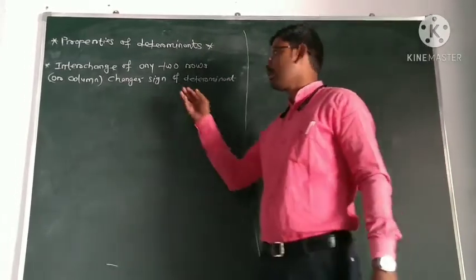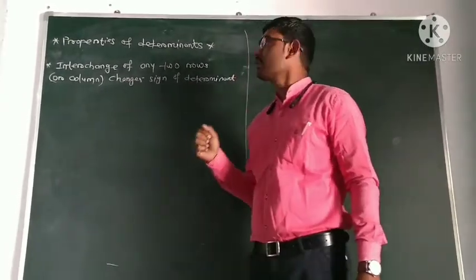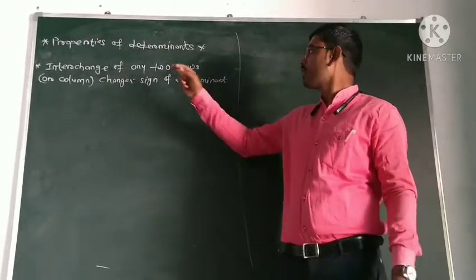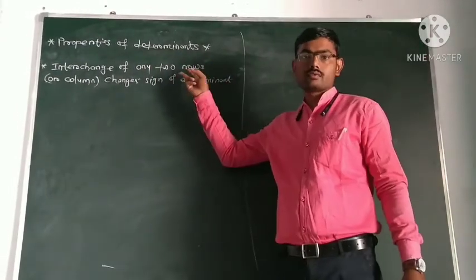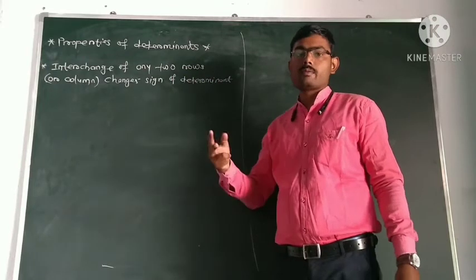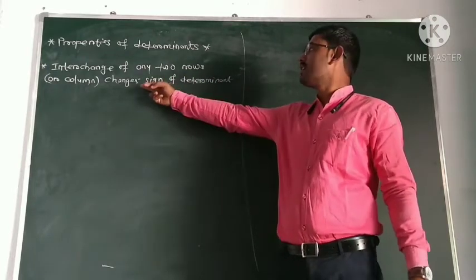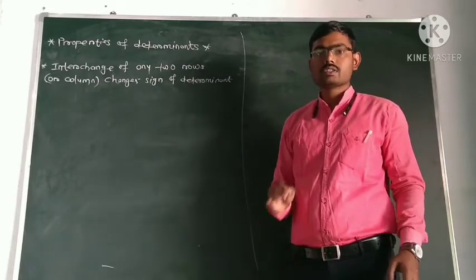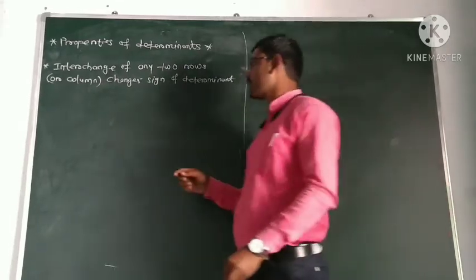Okay, so the first property we will see is that if we interchange any two rows or any two columns, then there is a change in sign of the determinant. Okay, I will take an example.